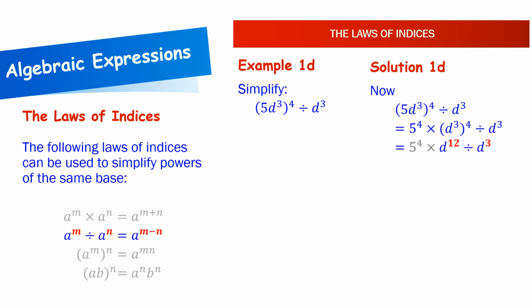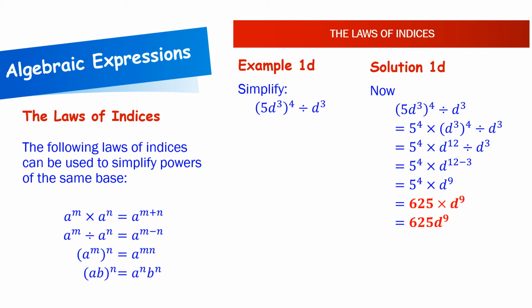And now using this highlighted law, we subtract the indices to obtain d to the 9, which gives us 625 times d to the power 9, as shown.